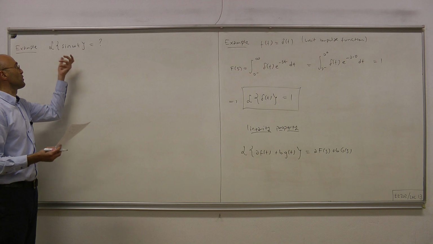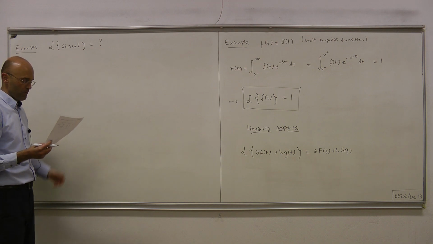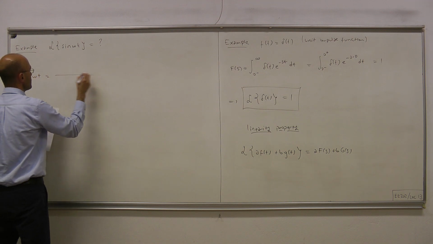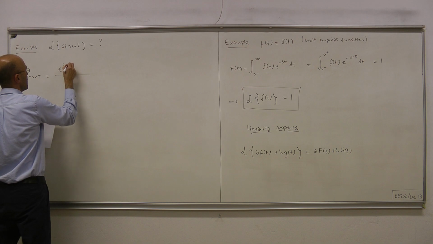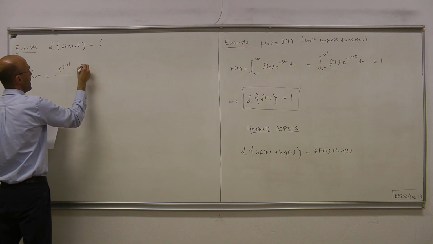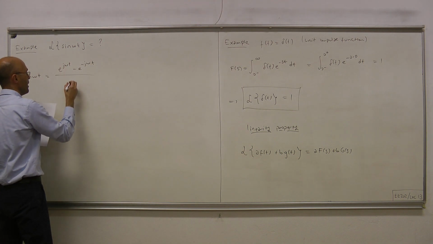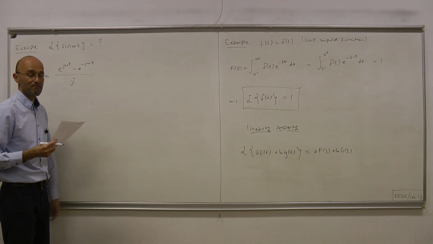So in a sense, sinusoidal functions are exponential functions. And for the sine, we can write it as e to the j omega t minus e to the minus j omega t, and then we have to divide that by j2.